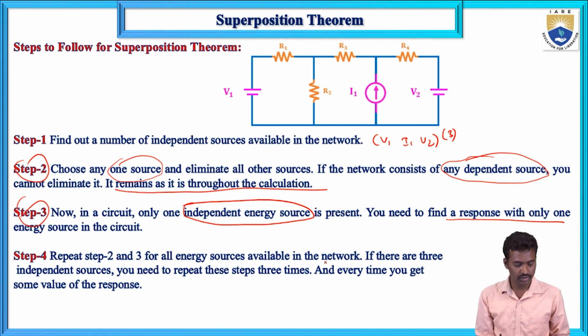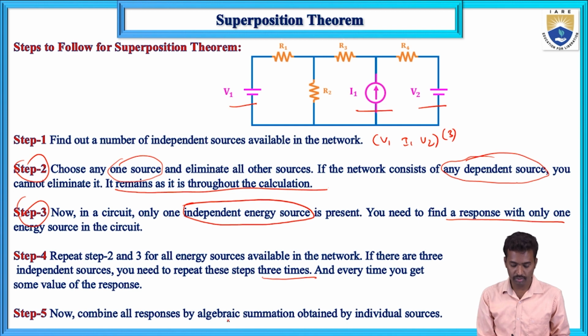If all 3 sources are independent, you need to repeat these steps 3 times. So here we have 3 sources, meaning 3 individual responses we will get. Now combine all the responses by the algebraic sum of the individual responses obtained from each source.